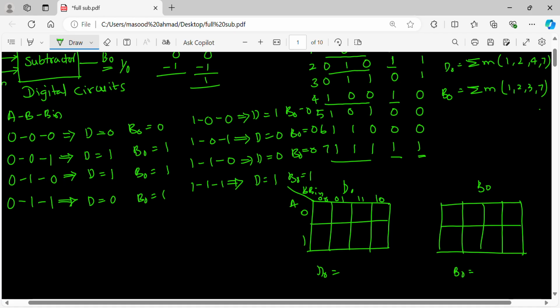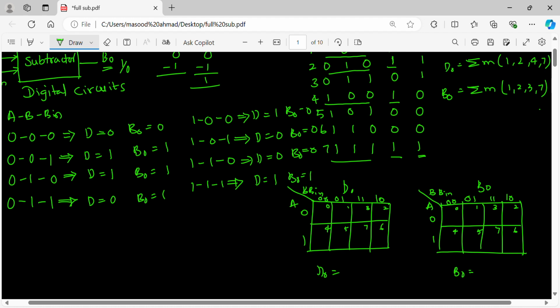So as usual, when A is 0, this will be 0 1 3 2, and 4 5 7 6. What are the inputs? This is A, this is B, followed by B in: 0 0, 0 1, 1 1, 1 0. Right? This is 0 and this is 1.